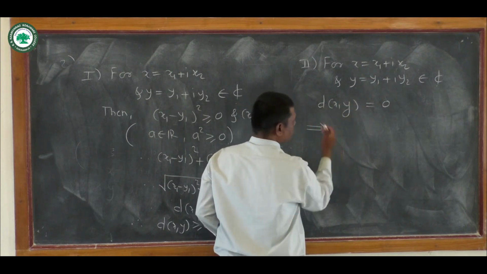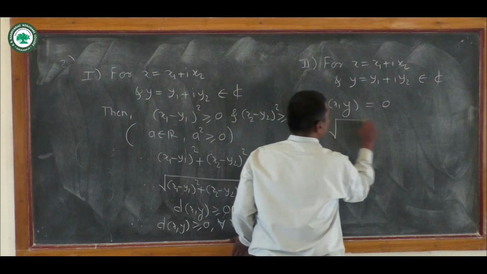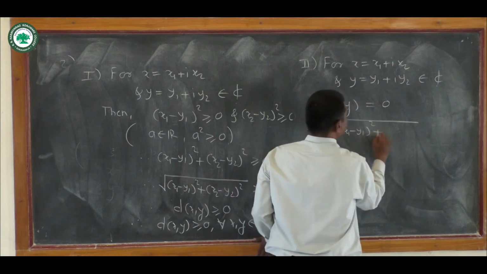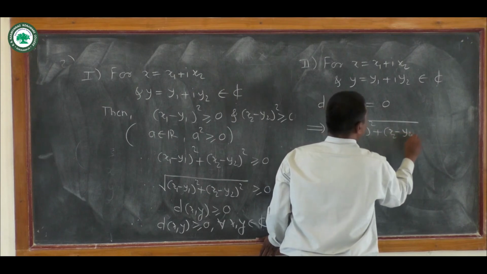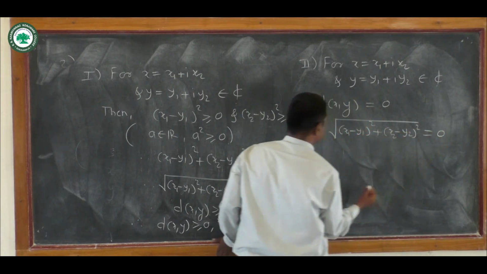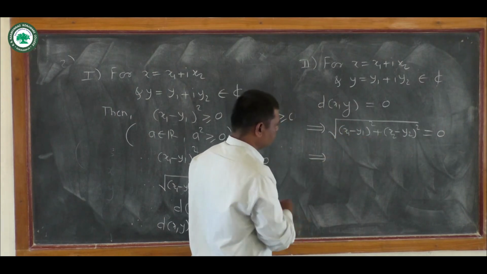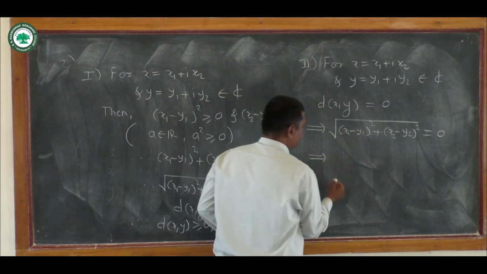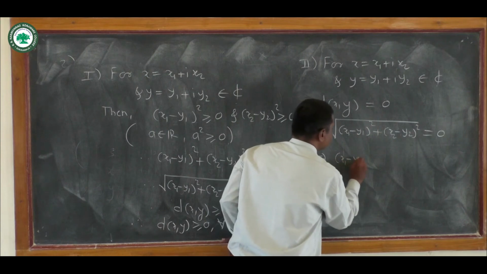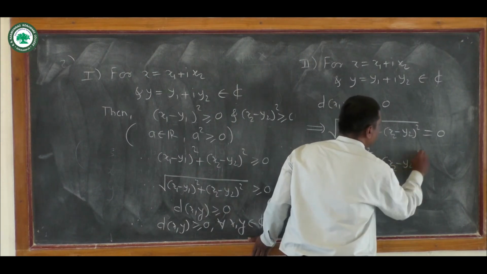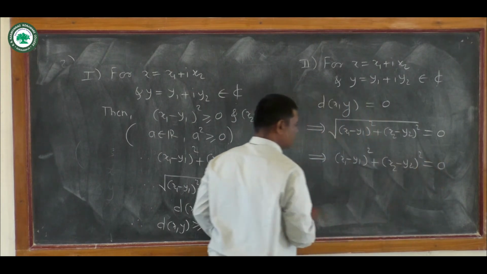Now from the definition of D, we write the square root of x1 minus y1 bracket square plus x2 minus y2 bracket square is equal to 0. So this implies that on squaring both sides, x1 minus y1 bracket square plus x2 minus y2 bracket square is equal to 0.